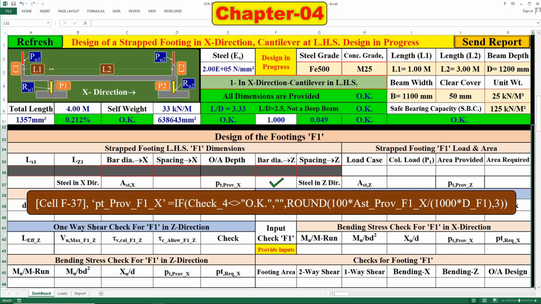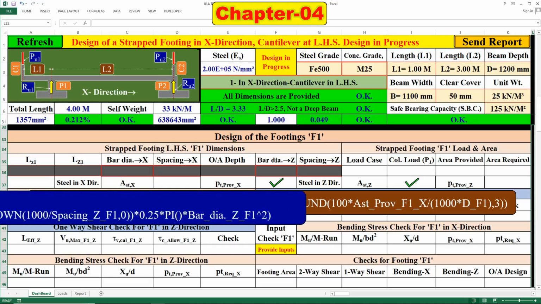First Excel will check check_4, if it remains not OK, cell will remain blank, otherwise, it will calculate the percentage of steel provided in X direction of F1, by rounding the value up to 3 decimal, 100 times AST_PROV_F1_X divided by 1000 times D_F1. Here 1000 is the 1 meter width of the footing F1.